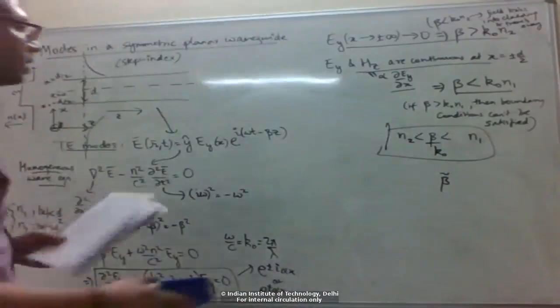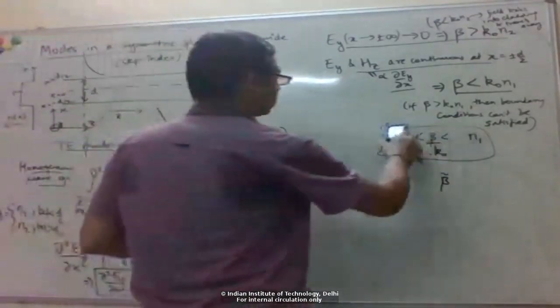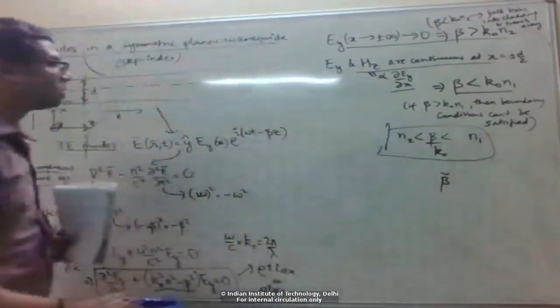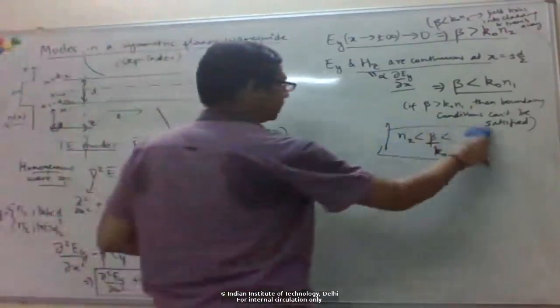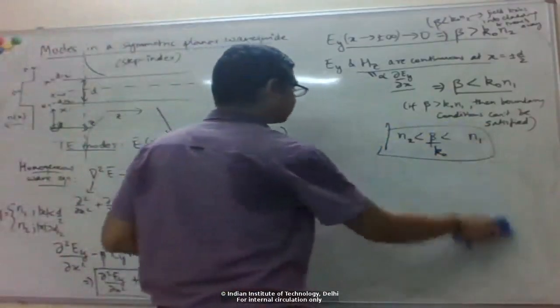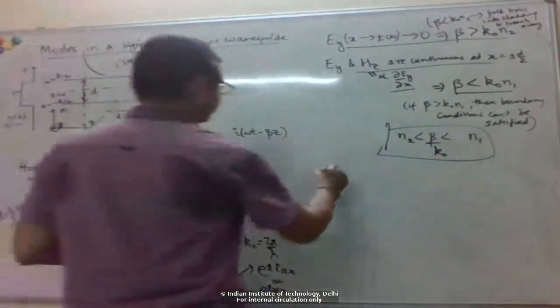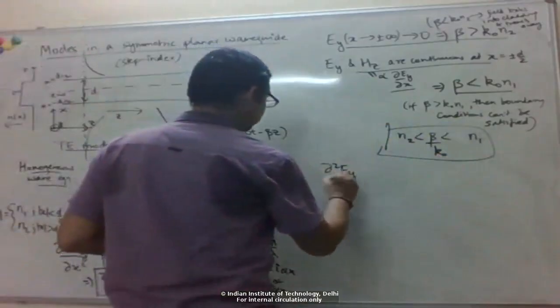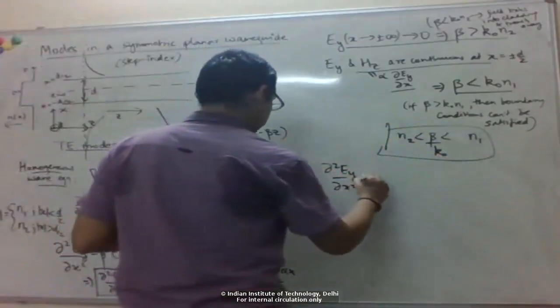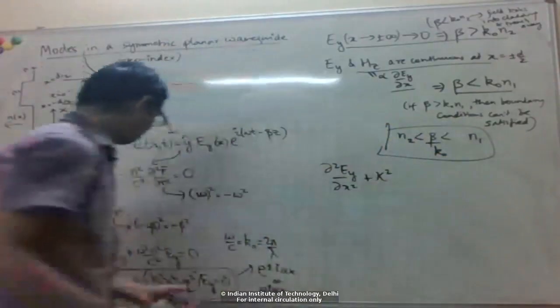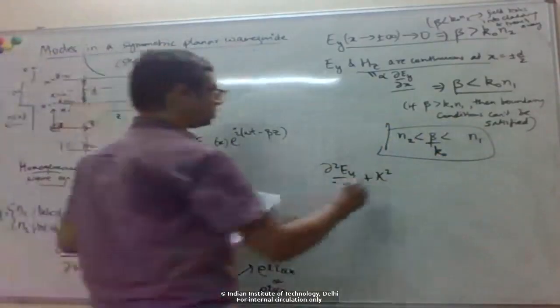But we'll see more about that later also. But anyway, for physically relevant solutions, beta has to lie in this range. Okay, so in the core we have these kind of equations, right? So this constant is positive.